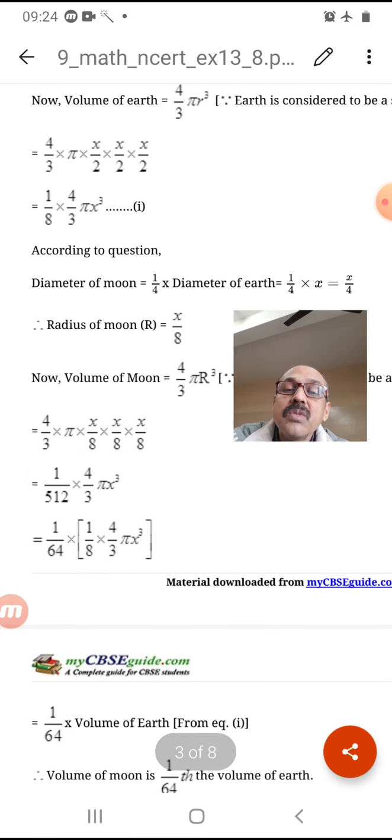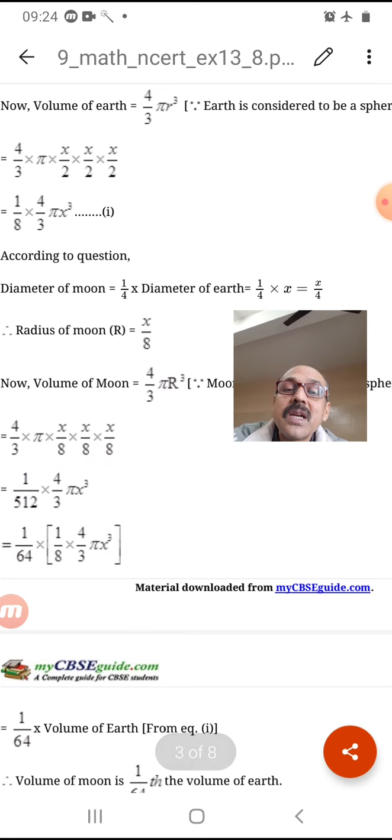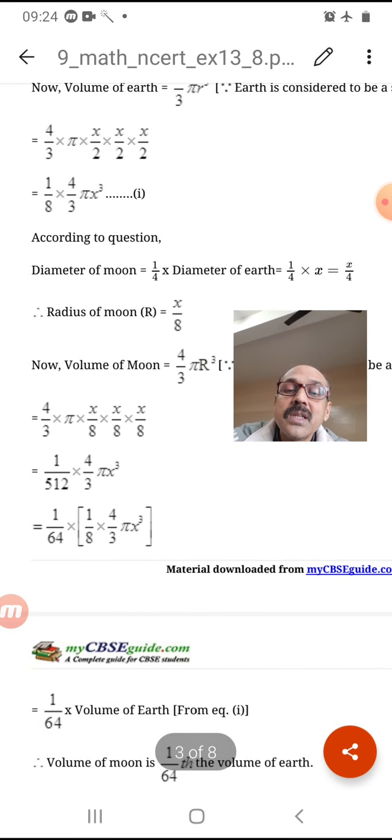So 4 by 3 pi, and the radius is x by 8, so x by 8 into x by 8 into x by 8, that is 1 by 512 into 4 by 3 pi x cube, that means 1 by 64 into 1 by 8 into 4 by 3 pi x cube.